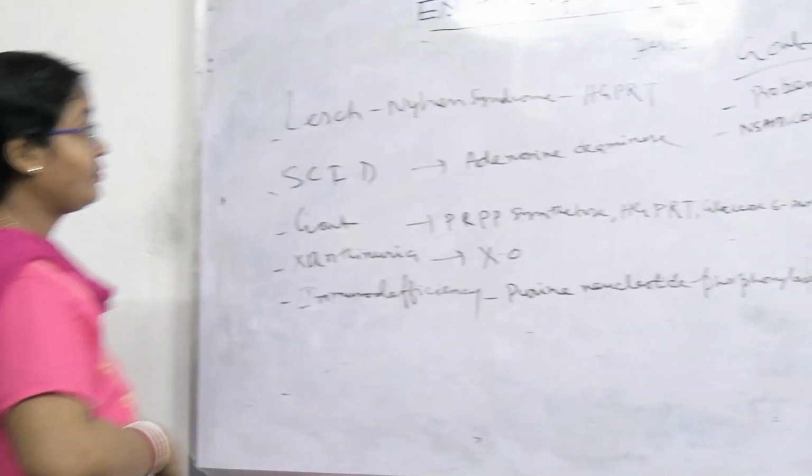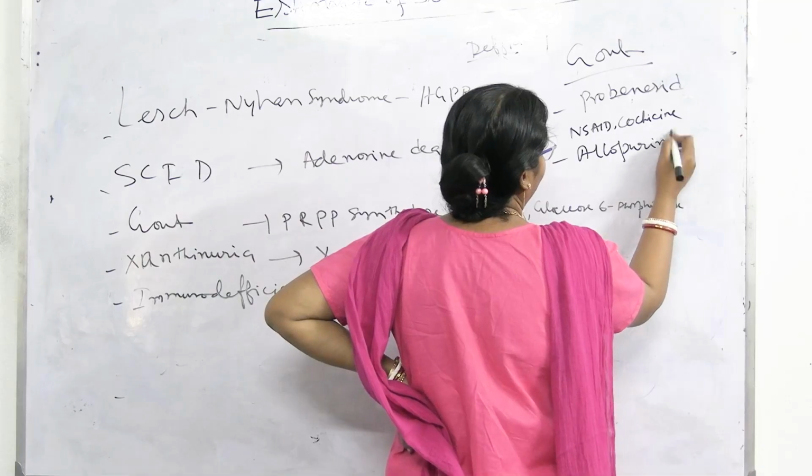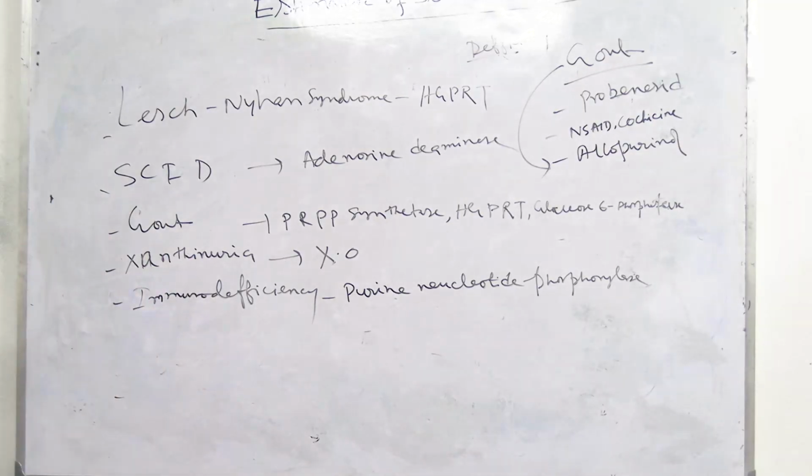Another one is allopurinol. You will prescribe allopurinol, and along with it you can prescribe Probenecid, NSAID, colchicine and corticosteroid. Allopurinol will block formation of uric acid.